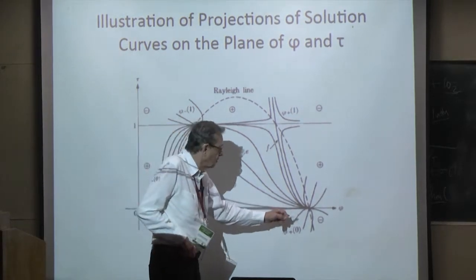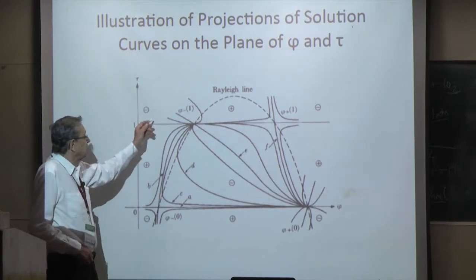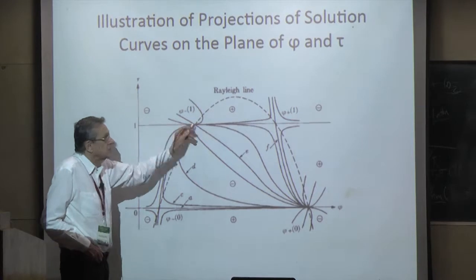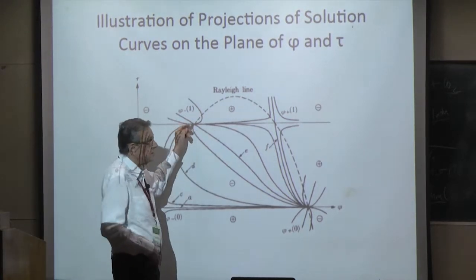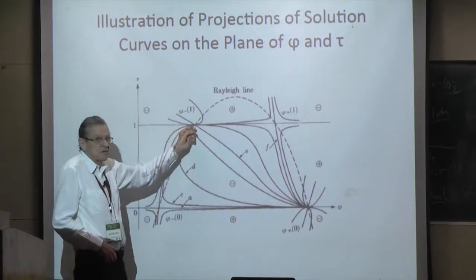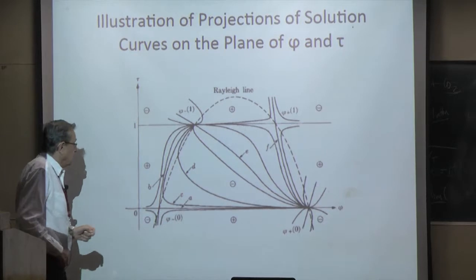For tau equal 0, the other singular point is here. For the burnt products, for tau equal 1, in this tau phi projection, one of the singular points is here, the other singular point is here, okay?